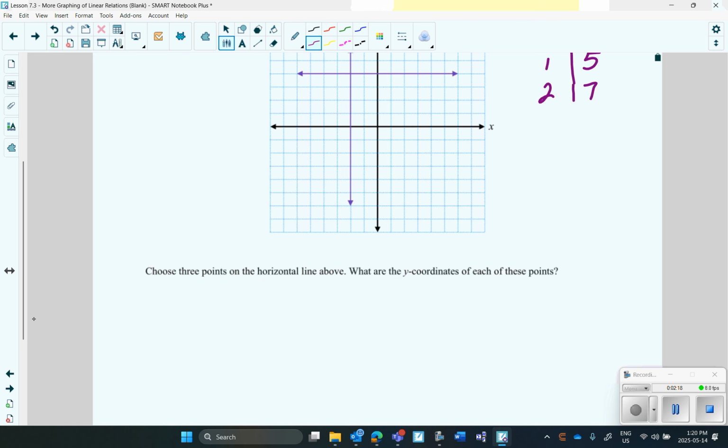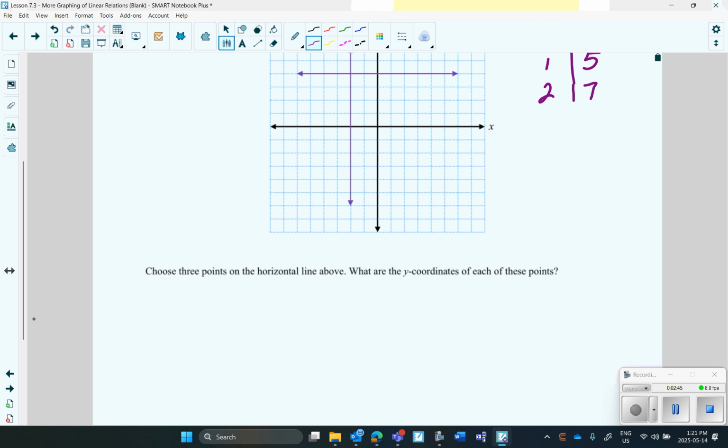1, 3. Negative 1, 3. Doesn't it have to be up here? Like okay, here, yes. What's this point? 1, 4. What's this point? 0, 4. What's this point? 2, 4.